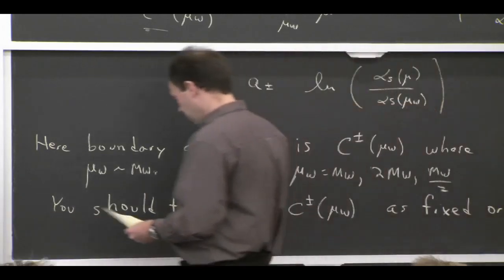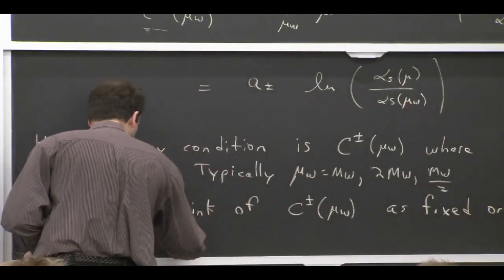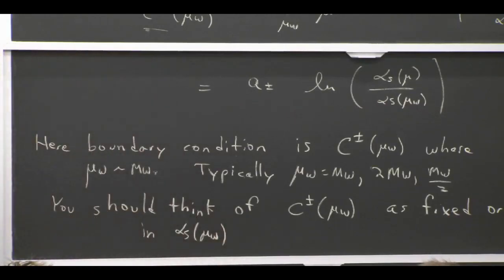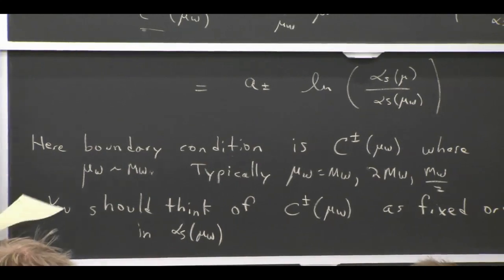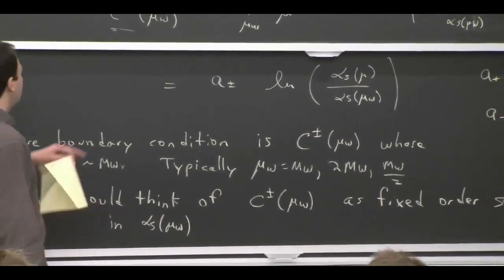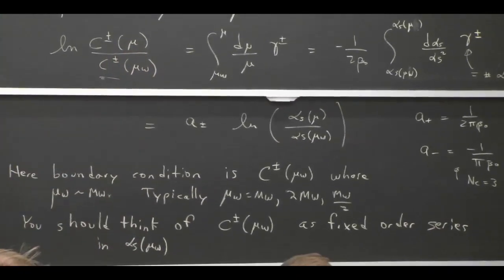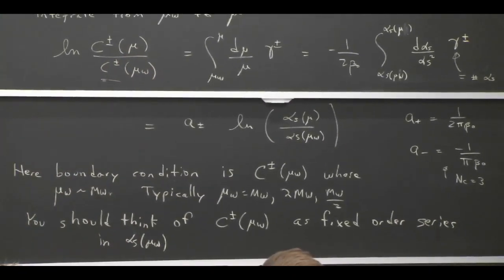And you'd be determining the boundary condition. We'll talk about how you would do that a little later today. But for now, just think of it as a series in alpha of mu w. And it doesn't have any large logarithms. And as Ilya said, you want to think of this mu as some small scale, some scale that's less than mu w, because you're thinking of evolving the operators to a scale less than the scale where you integrated out the particles. I'll draw that picture in a second.